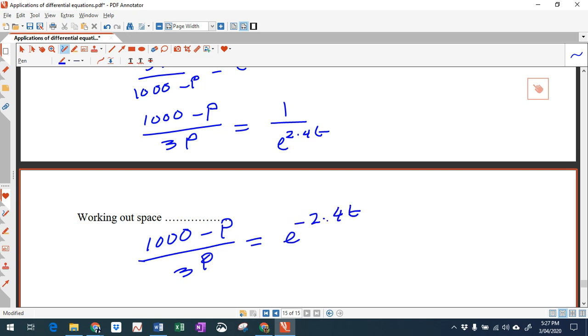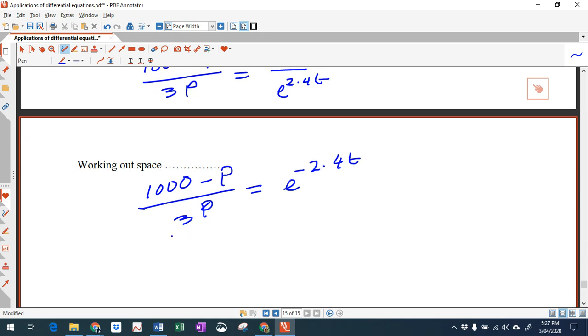There's our negative power. And then from there, we can say 1000 minus P equals 3P E to the minus 2.4T.